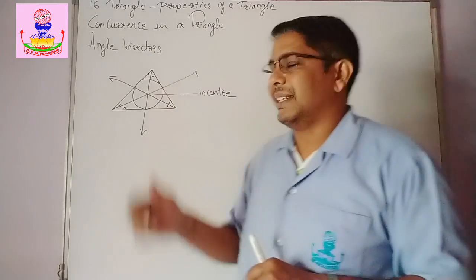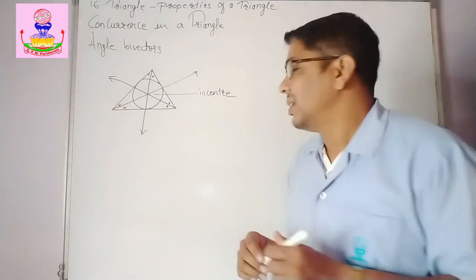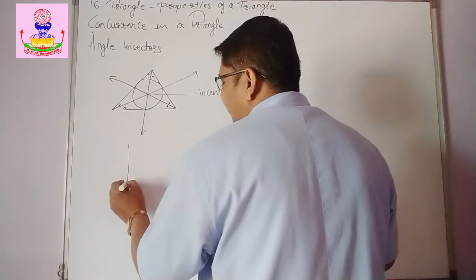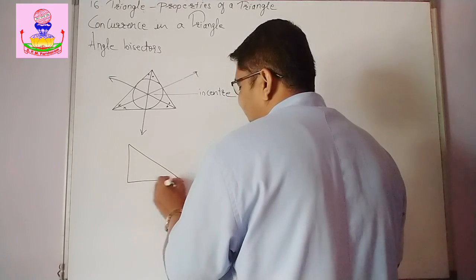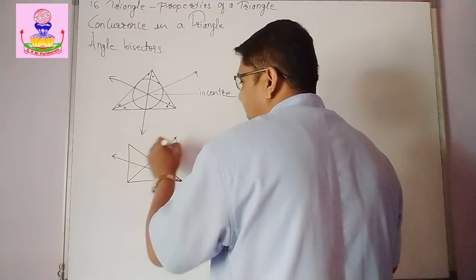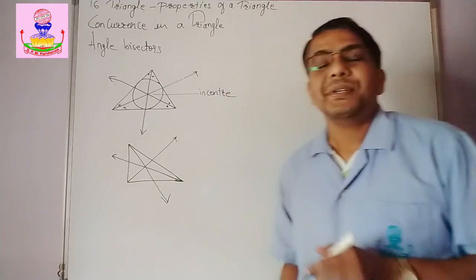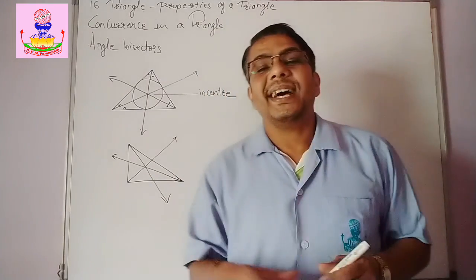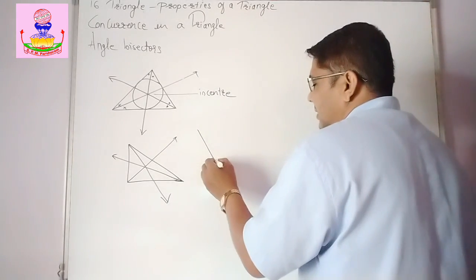Now this point of concurrence, the incenter, for acute angle triangle, lies in the triangle. For right angle triangle, let us see. You can judge. Okay. Now this is my first angle bisector, this is my second angle bisector, and this is my third. Where does it lie? Yes. For right angle triangle also, it lies in the interior of the triangle.